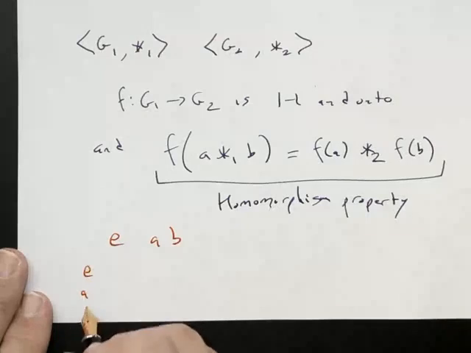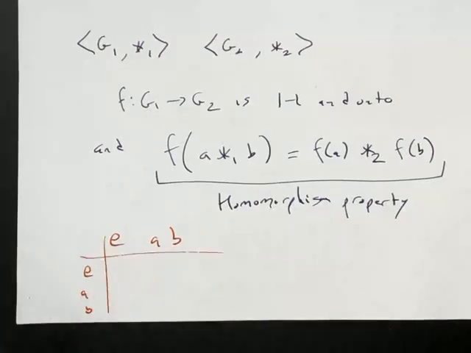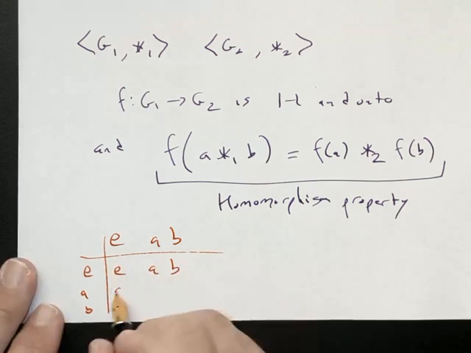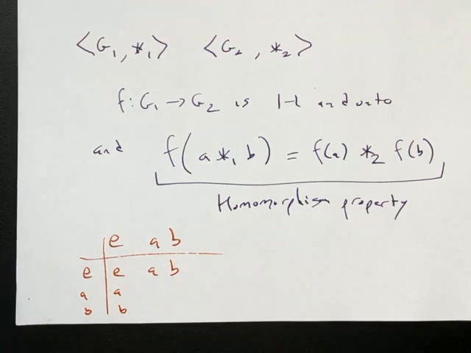If I have 3 elements, one of them is going to have to be my identity, right? Well, now you have a choice. Here, what thing can go here?